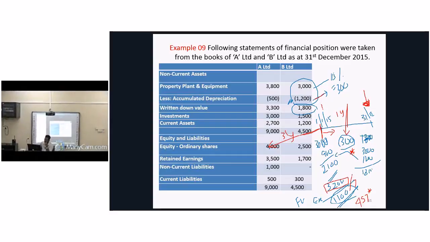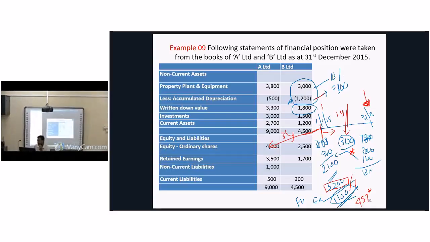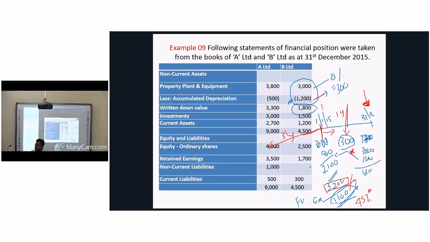Now under provision of depreciation, the correct depreciation should be 457, but they have depreciated only 300. Hope you understood how I got this 457. It is based on the accumulated depreciation, right?